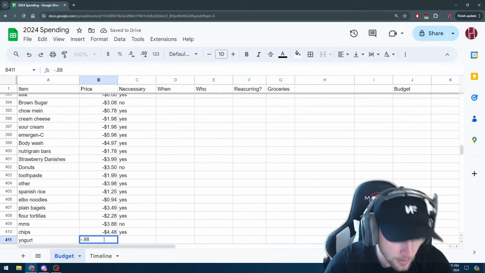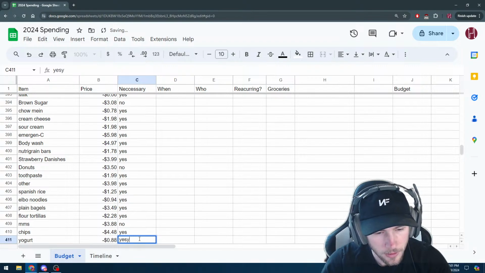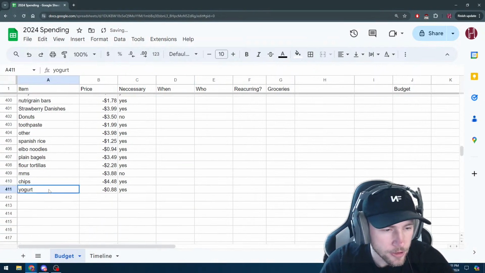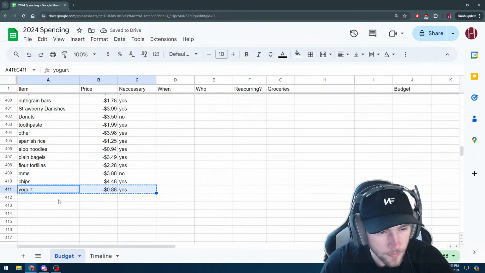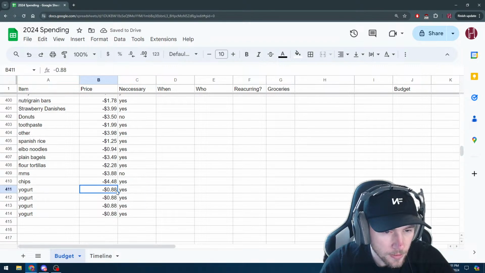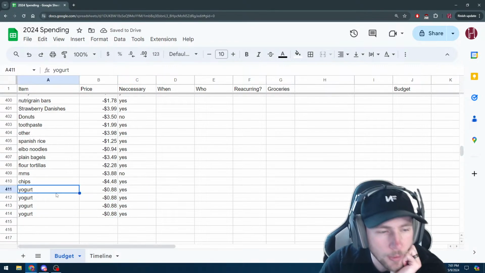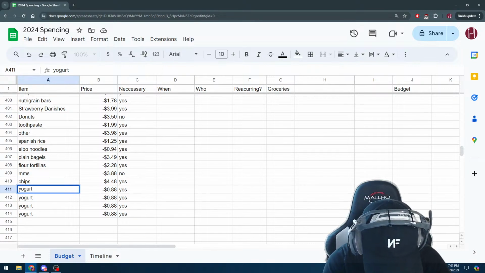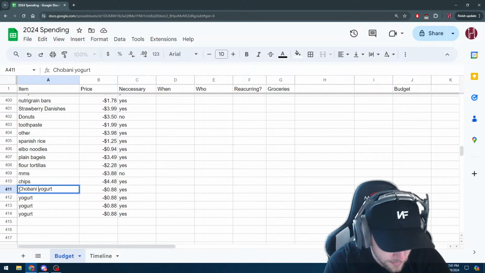I'm actually gonna list this out 4 times, just so that if I come back and want to see how much one of these yogurts was, we'll actually say Chobani.